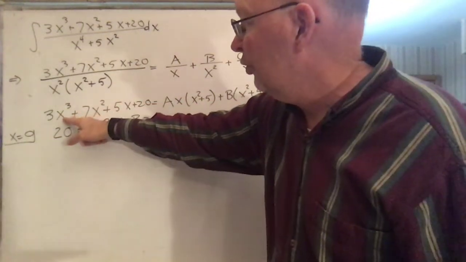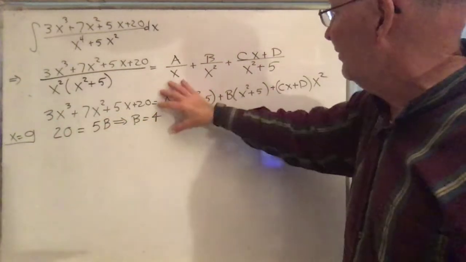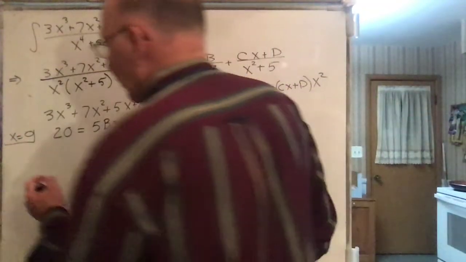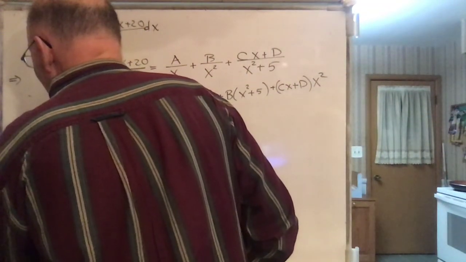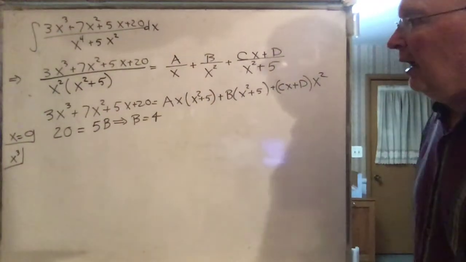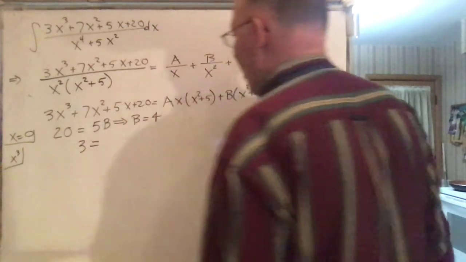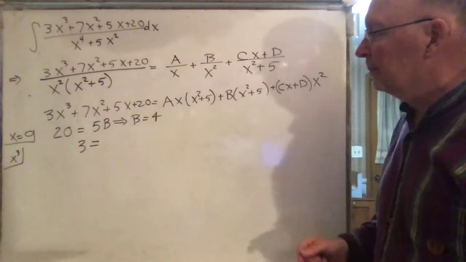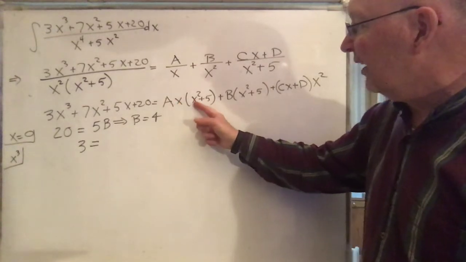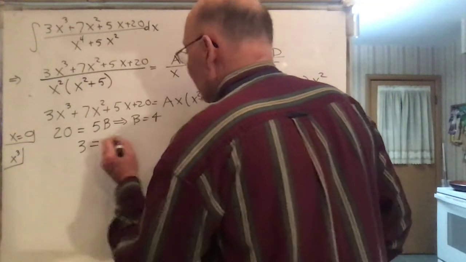How many x cubes do I have over here? I have 3 of them, which means by the time I'm done with all this, I'm going to have 3x cubes over here. So here's the way you do it. I just write x cubed. You look at your x cubes, and you say, okay, I've got 3 of them over here. How many of them do I have on this side? Here, if I multiply this out, I'm going to get a times x squared is ax cubed. So I've got a of them right there.